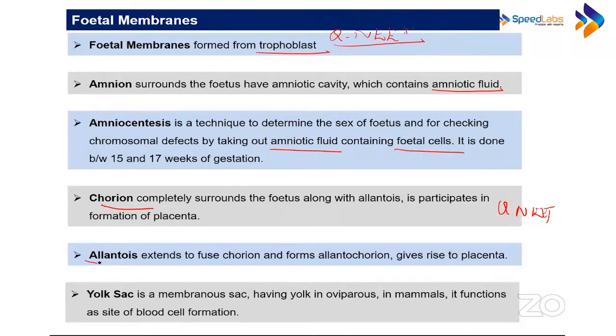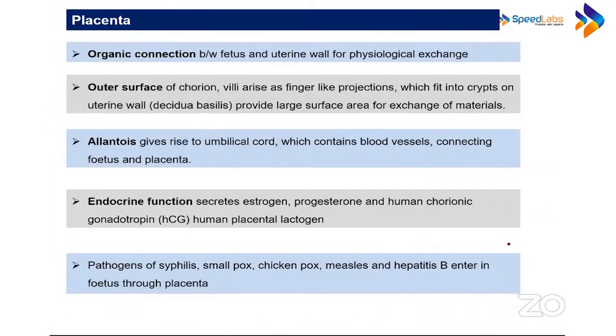And allantois extends to fuse with the chorion and forms the placenta. So placenta is actually an organ which has 2 important components donated by the fetus as well as the mother. That is the common tissue. There is connection between the mother and the fetus. So allantois finally gives rise to what?